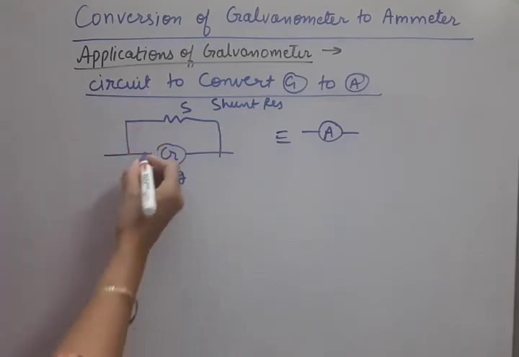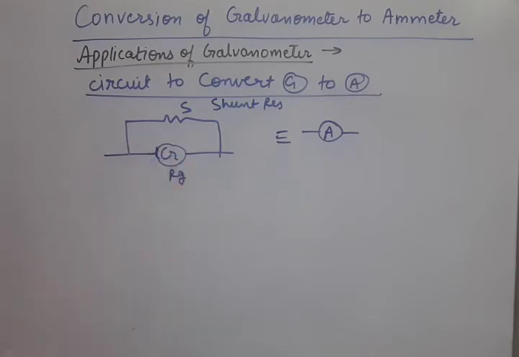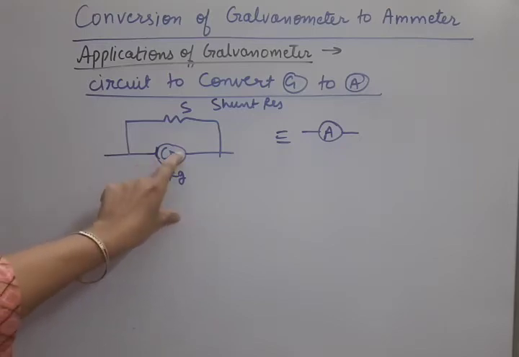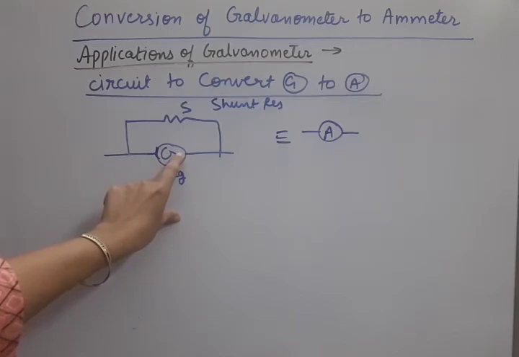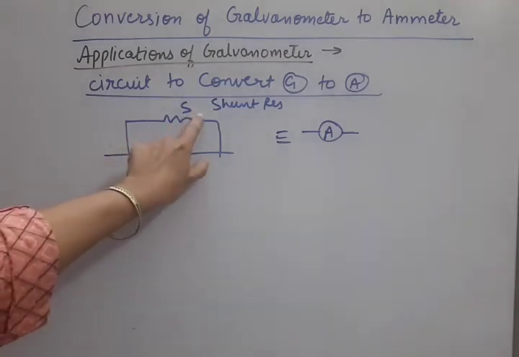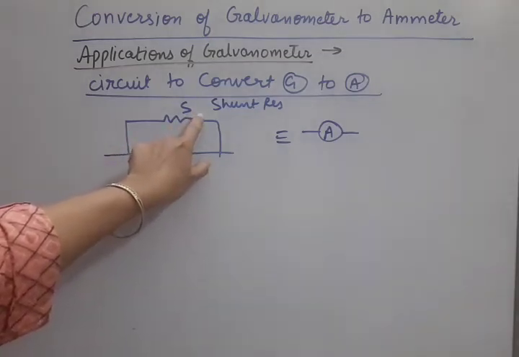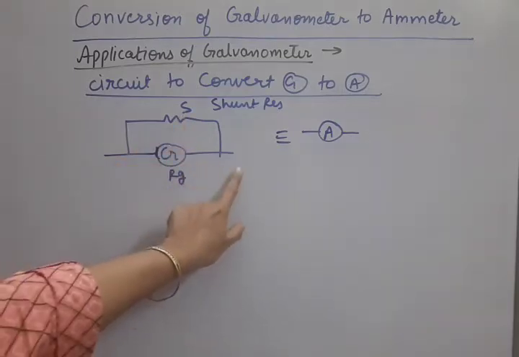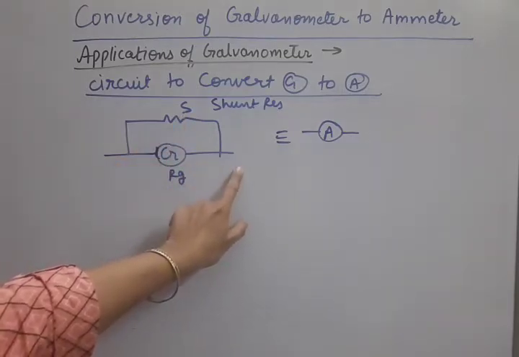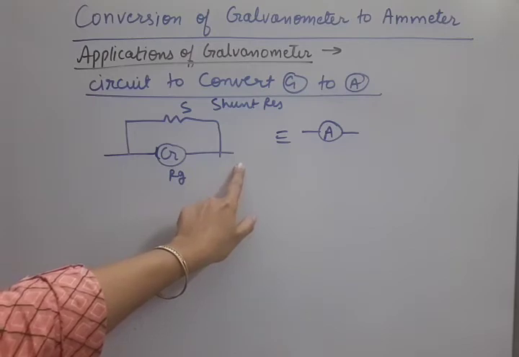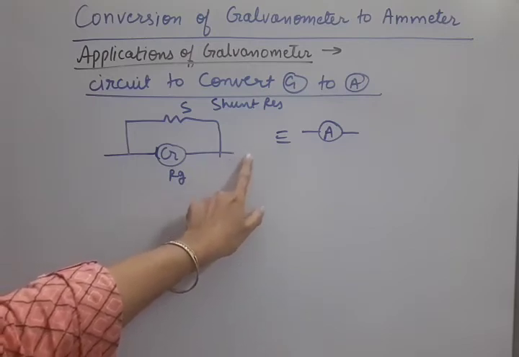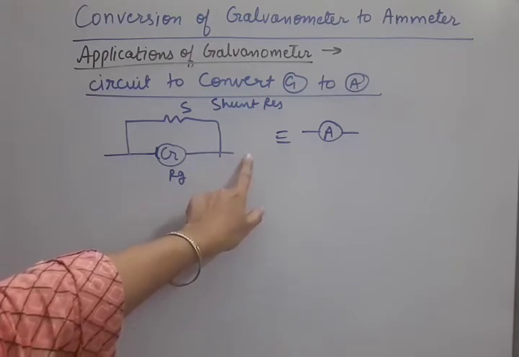If two resistances are connected, then the final answer of the parallel combination is less than the least one. So whatever the galvanometer resistance, if we keep the shunt resistance very, very small, then the answer will come out even smaller. It may not be exactly 0, but we can get almost 0 resistance.